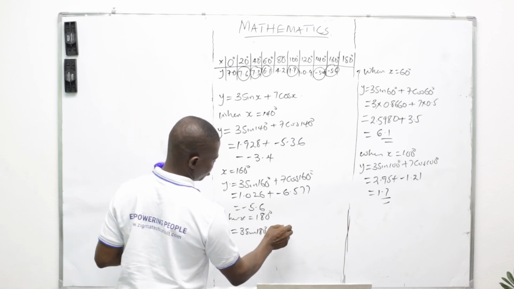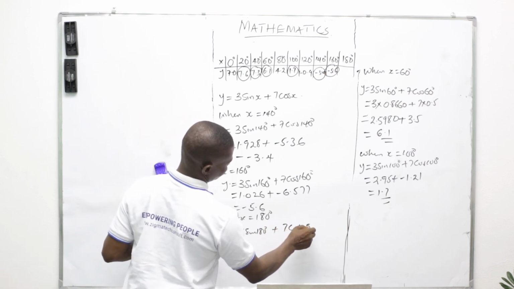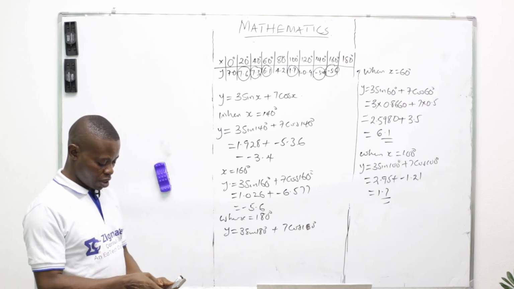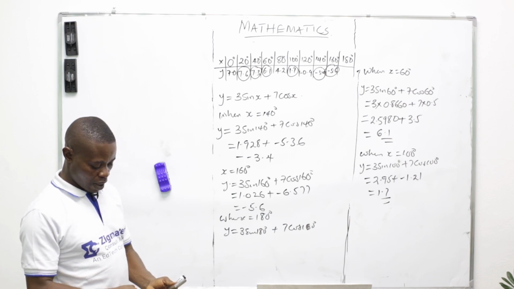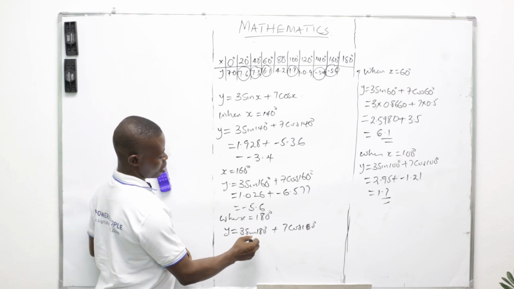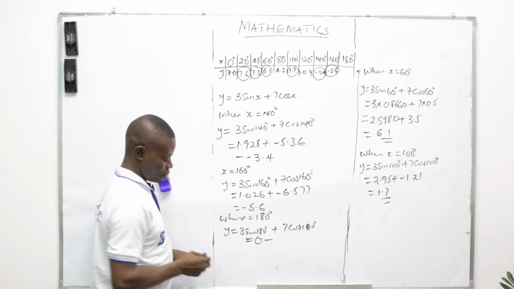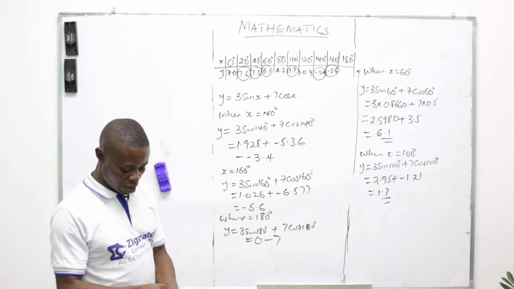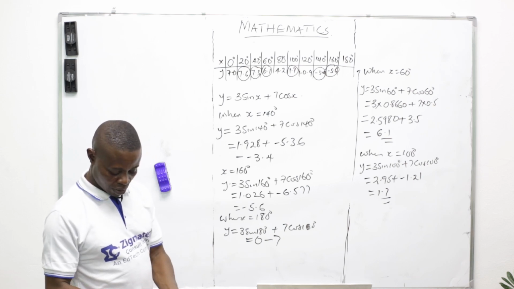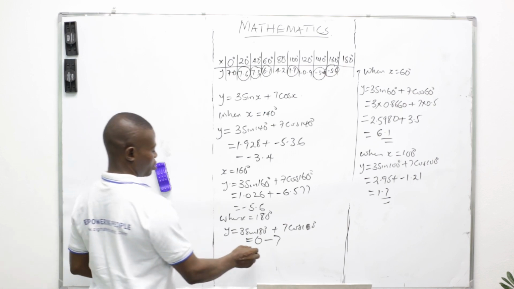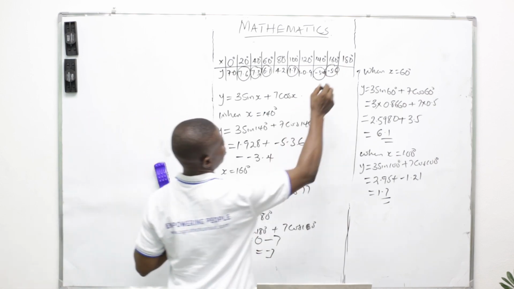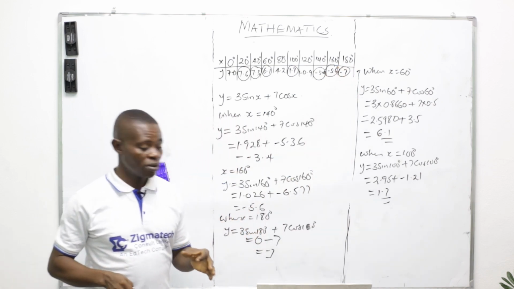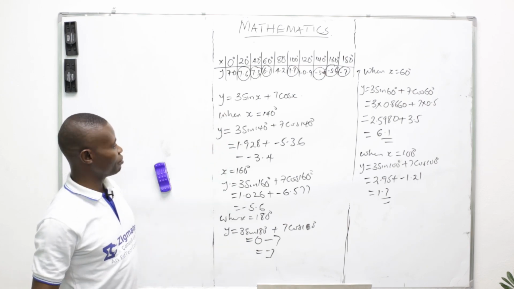Sine 180 should be 0, and cos 180 should be minus 1, meaning everything here is 0, minus 7, because cos 180 is minus 1. So our solution is minus 7. Now, we are good to go to plot the graph.